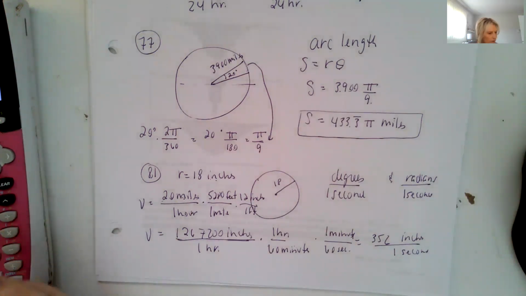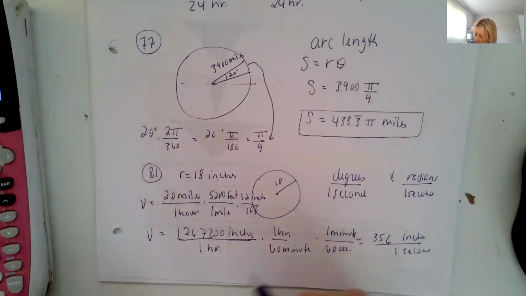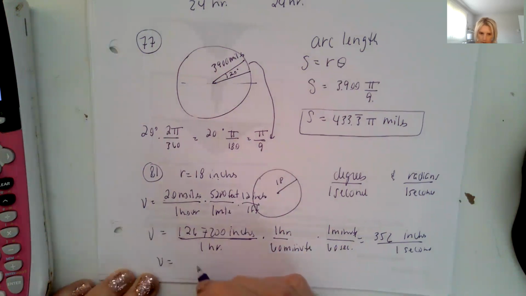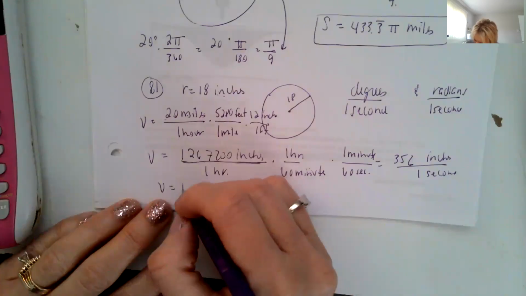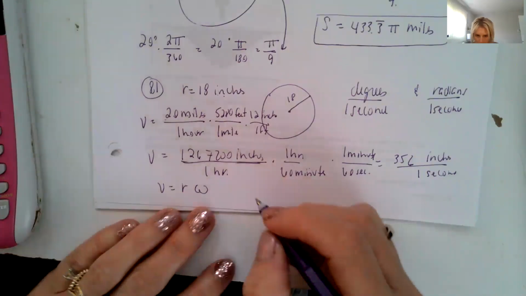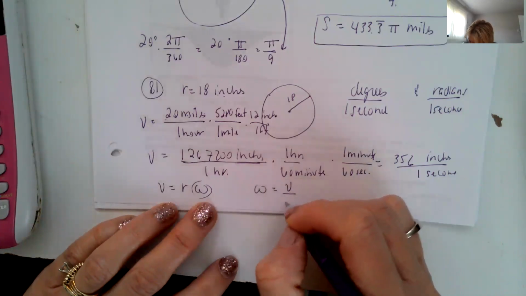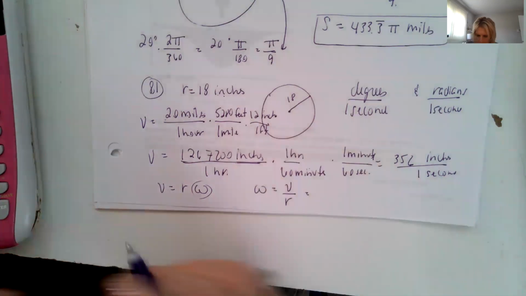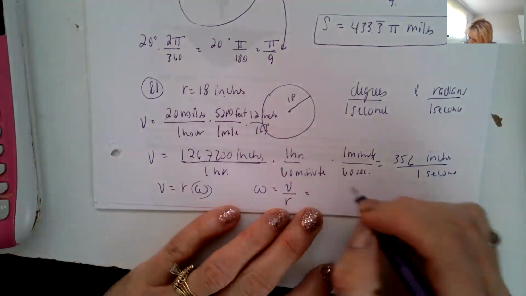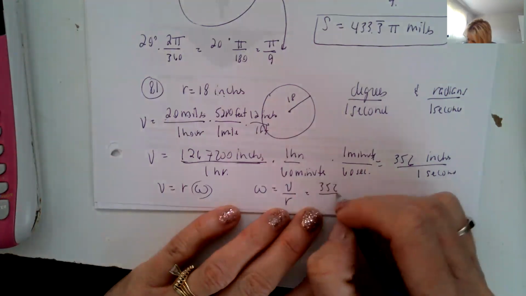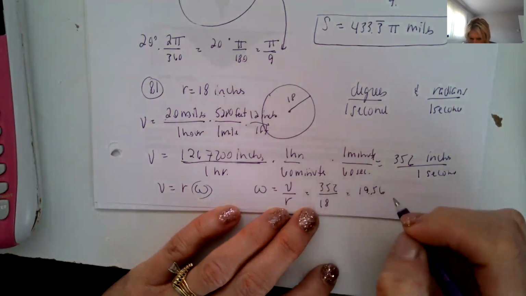We're also going to use the formula that our linear speed is equal to our radius times our angular speed, omega, and we want to solve for that. So our angular speed is going to be our linear speed divided by our radius. That should be 352 divided by 18, to get 19.56.